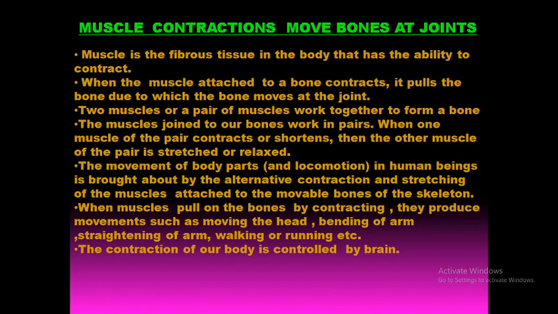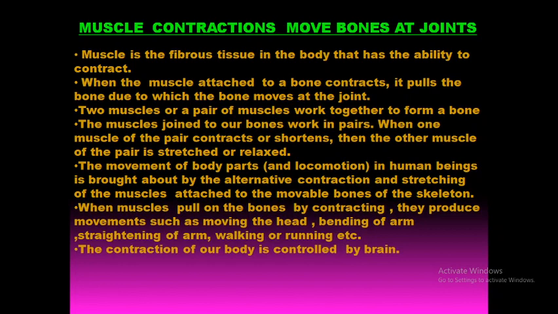So we can see that when the muscles pull on the bones by contracting, they produce movement such as moving the head, bending or straightening of the arm, or walking or running. The contraction of the muscle, which brings about the movement, is specifically controlled by the brain.